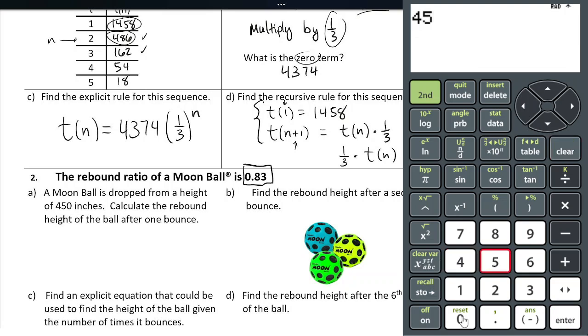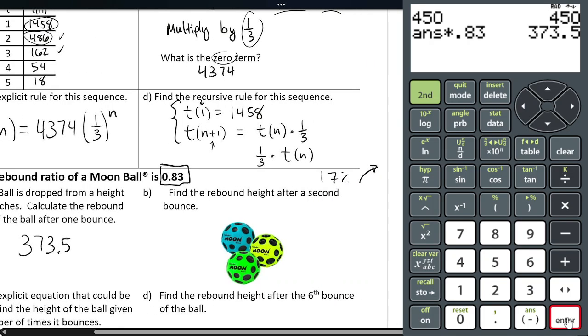So here's no bounces have happened yet, 450, and I'm just going to multiply that by that common ratio, the rebound ratio, and it tells me, well, after one bounce, this ball would be sitting at 373.5. That would be the height it would return to, and then it would begin falling again because of gravity.